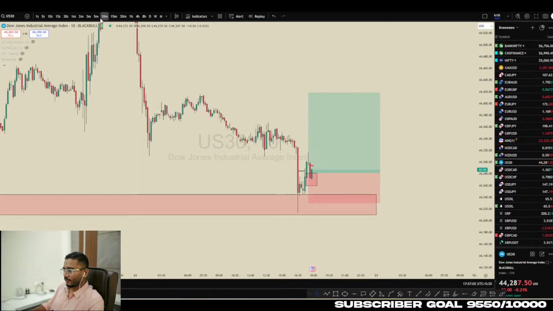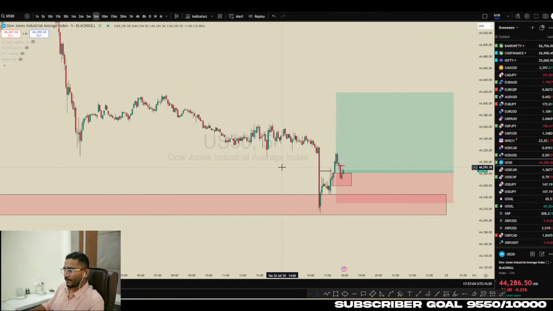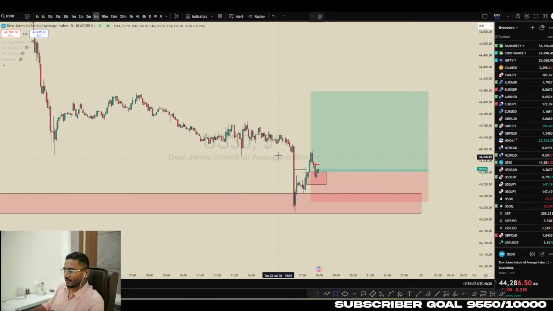And if you want to enter, enter with less risk because price has not broken the structure. Like this supply zone has not been broken.